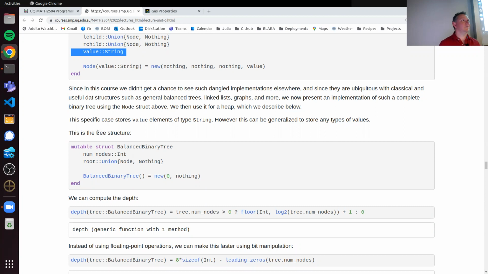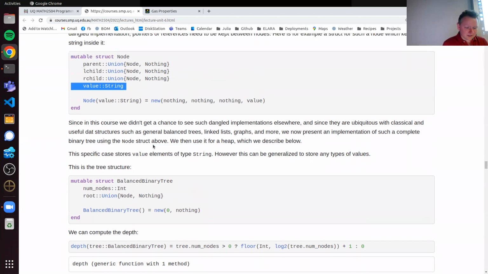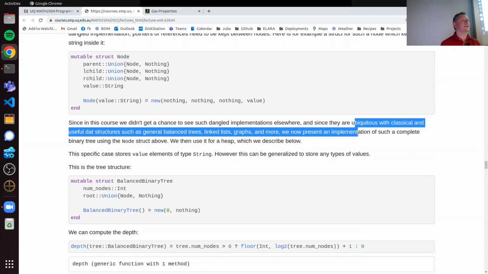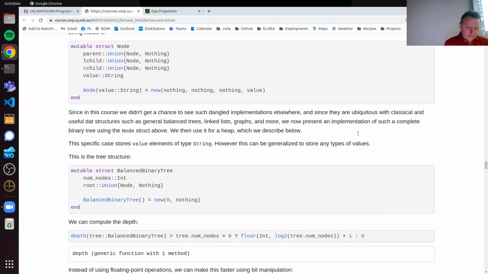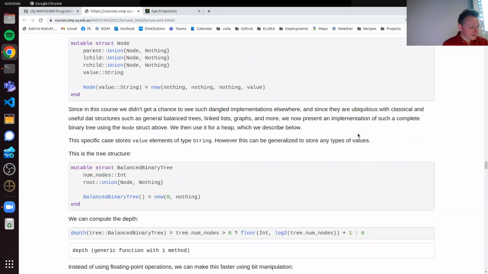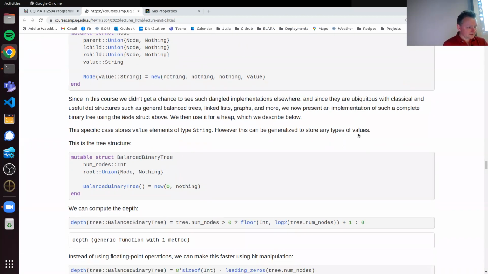It's not really an intro to CS data structures course, but you should be aware that in that field, they're very classic data structures. But we'll implement using the node above, so you can get a feeling for how to use recursive data structures in Julia like this.